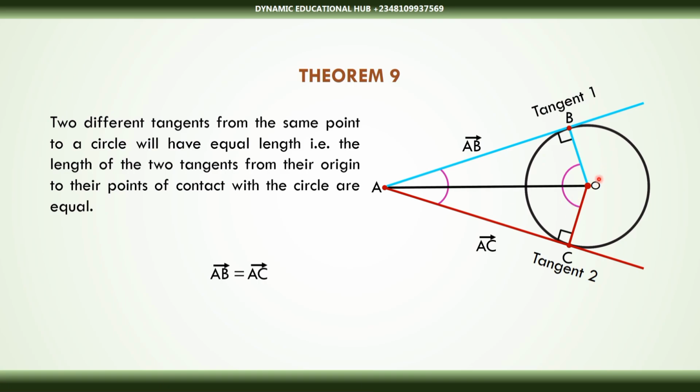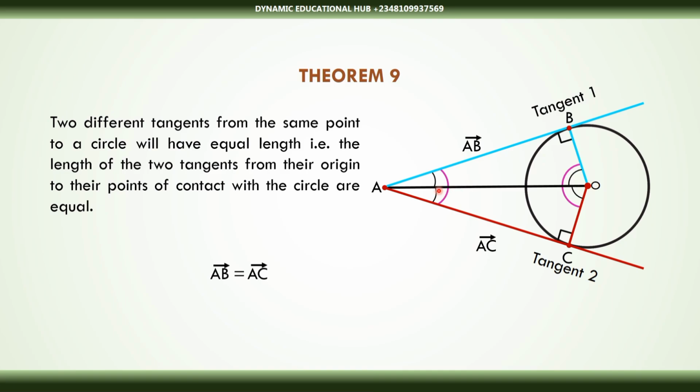If you draw a straight line to connect the center of the circle to the point of origin of the two tangents, that line is going to bisect this angle as shown, and it's also going to bisect this angle as shown, into two equal angles. So this angle here will be the same as this angle here, and this angle here will be the same as this angle here.